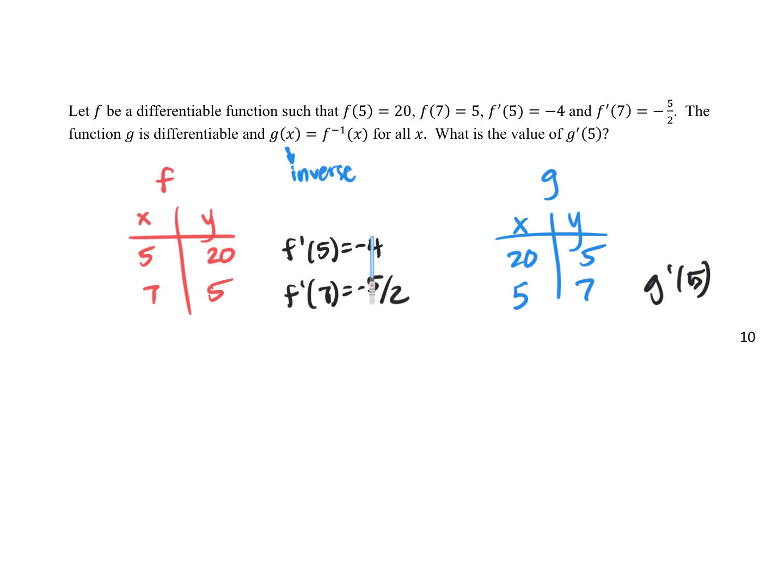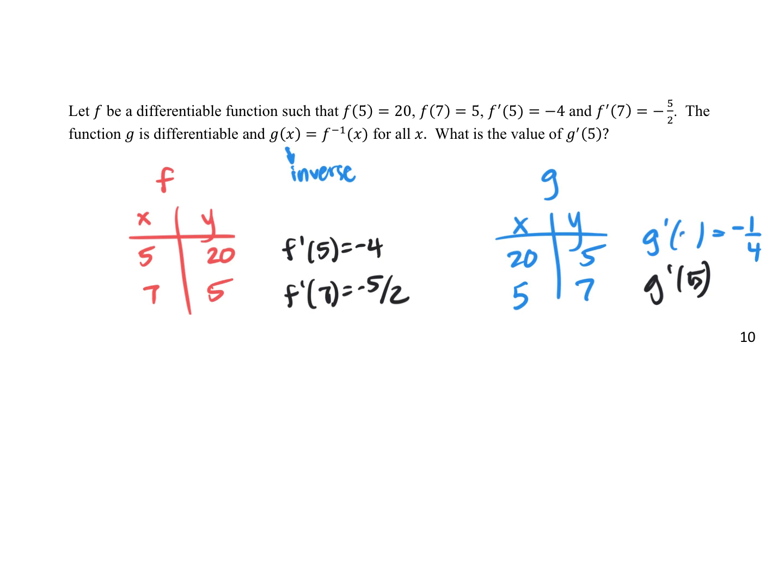That's the biggest test. So if the function has the point (5, 20), and its derivative when x is 5 is -4, what would I say g prime of 20 is? -1/4?